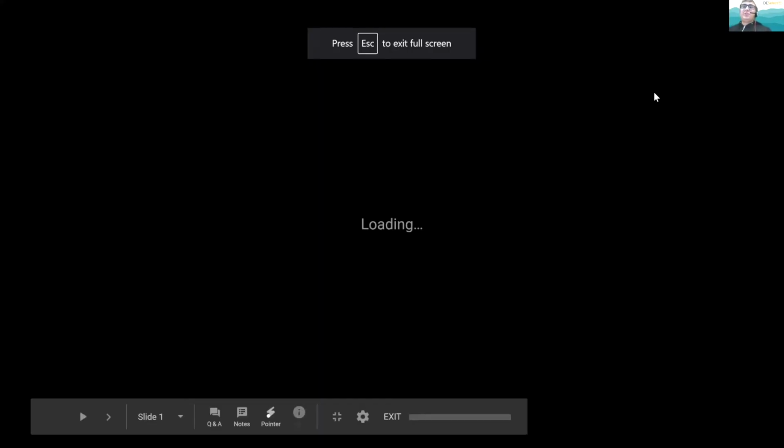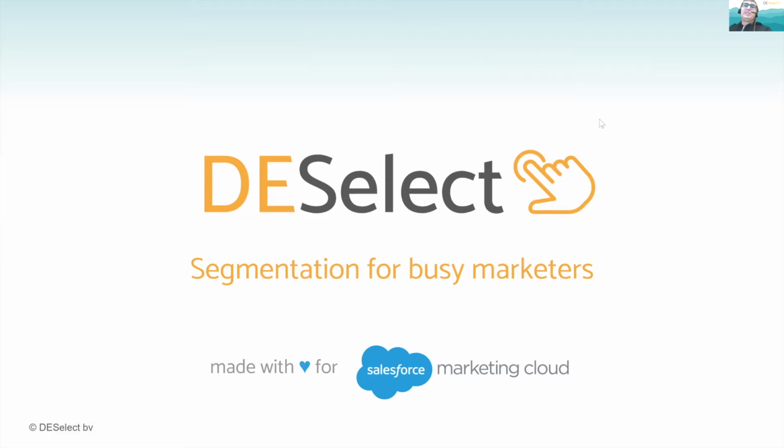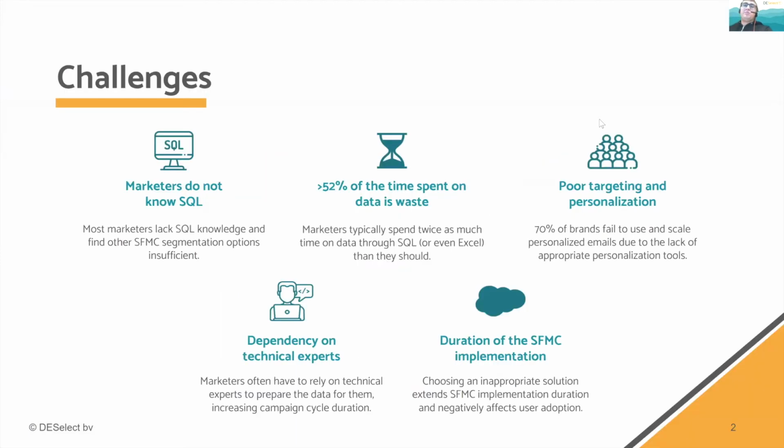I will start with an introduction of what DESelect is. It is a segmentation solution for Salesforce Marketing Cloud, and I will jump straight to the point. We see these 5 challenges that happen most of the time when marketers in Marketing Cloud try to segment their data. Marketers realize that they need to learn SQL queries to segment their data, and marketers do not want to learn that.